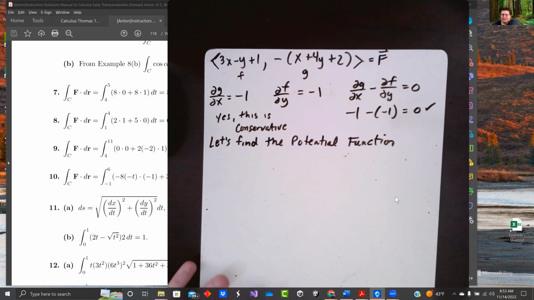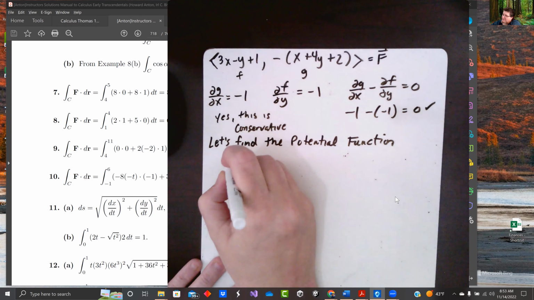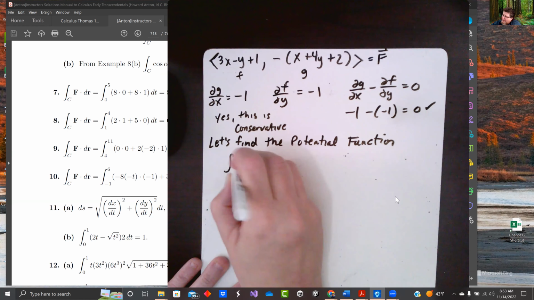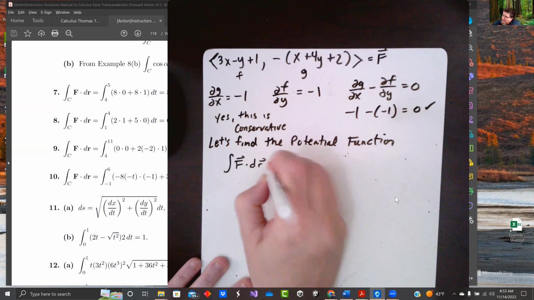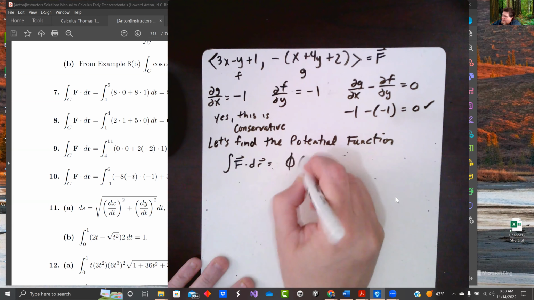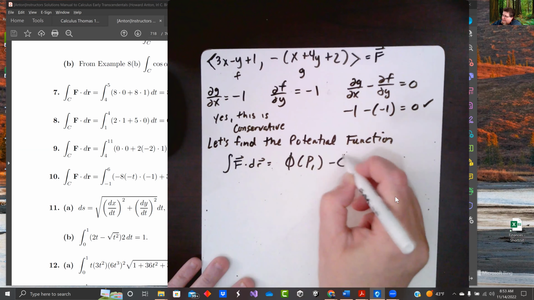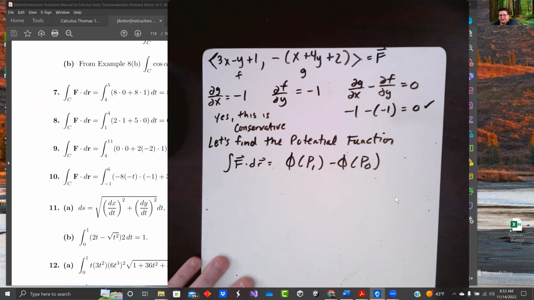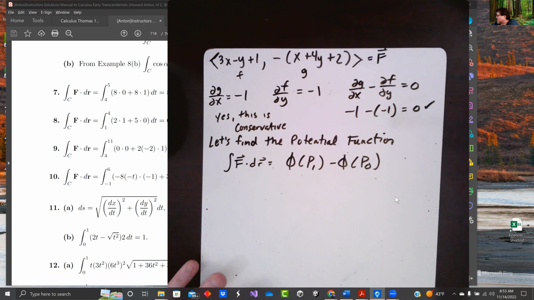For a conservative vector field, the integral of F dot dr is phi at p1 minus phi at p0. It's like the fundamental theorem of calculus.